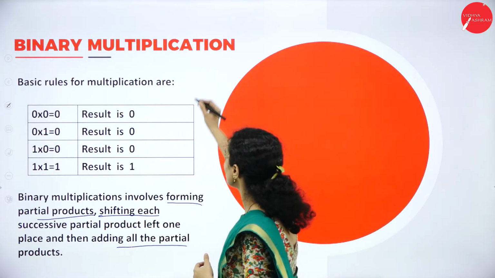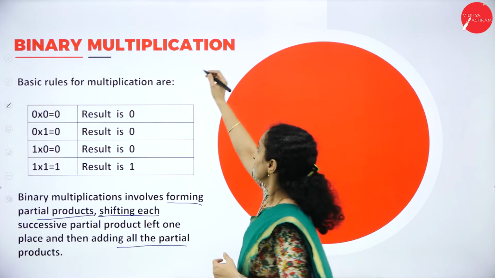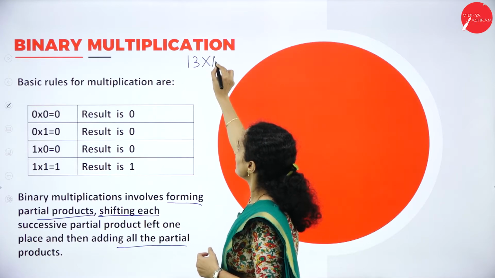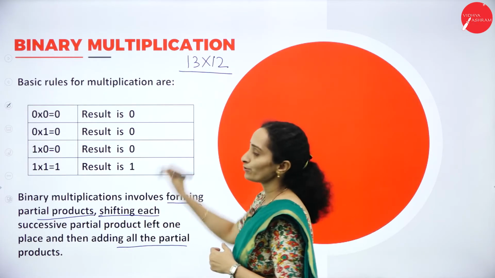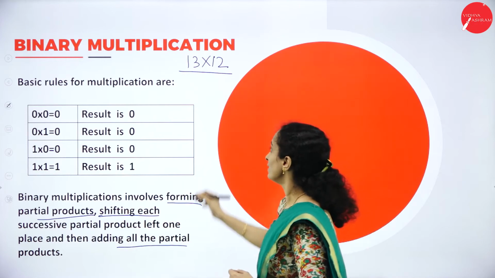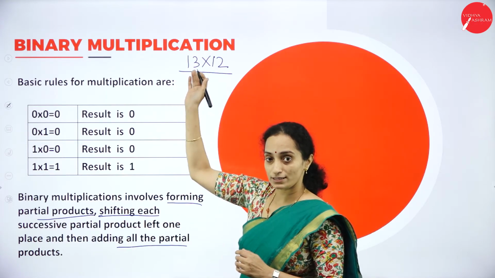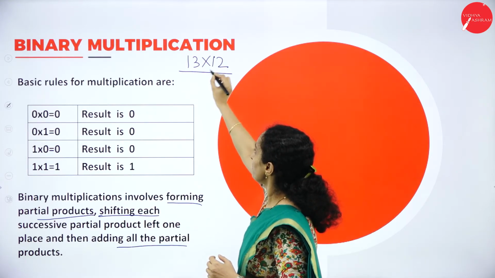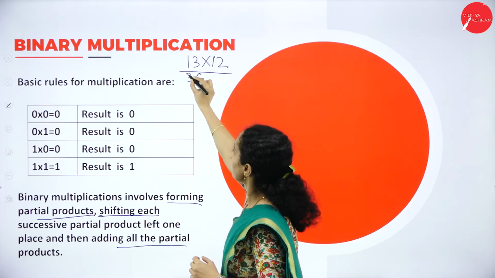Is it not? Suppose I give it as 13 into 12. How do you perform the multiplication here? First we shall have a partial product, not the final product. So now we shall multiply 13 by 2, 26.